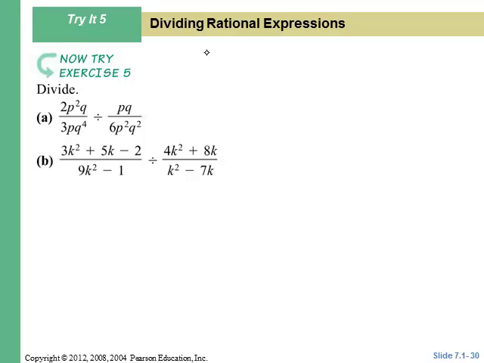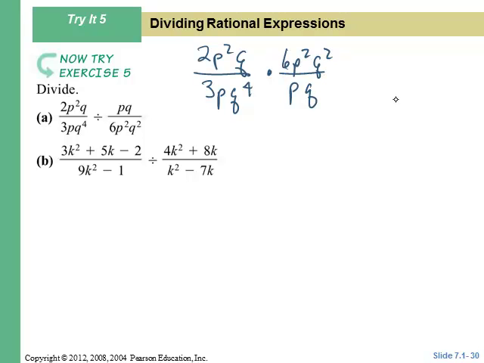All right, so the first one, 2p squared q, 3p q to the fourth, times p q goes on the bottom, 6p squared q squared goes on top. Let's simplify some p's. These two p's cancel against those two p's. This q cancels this q.